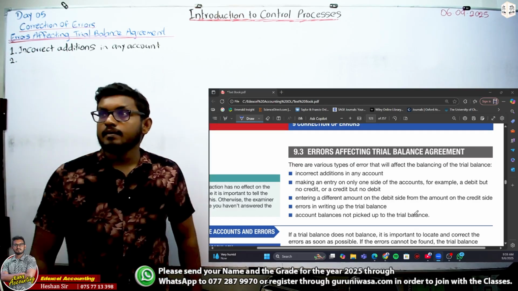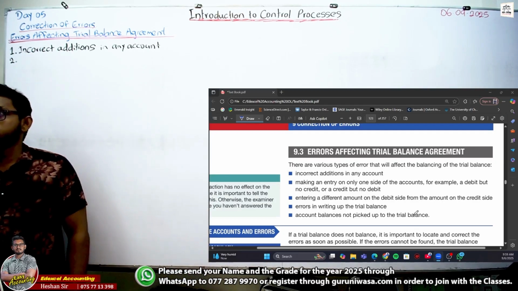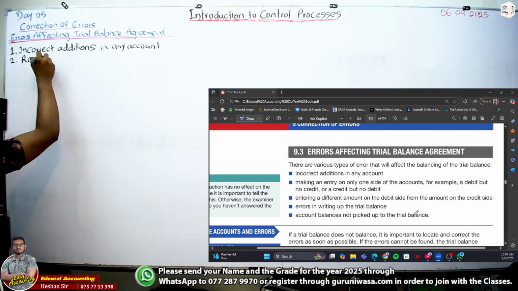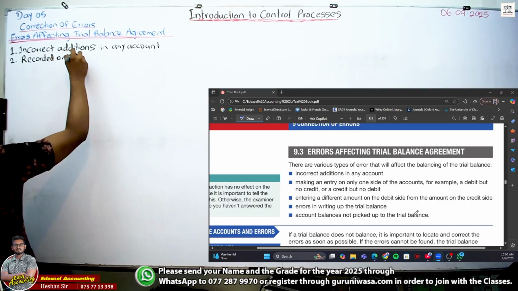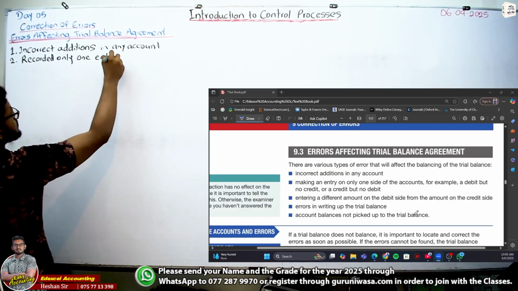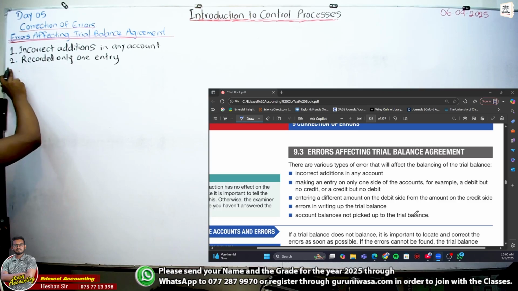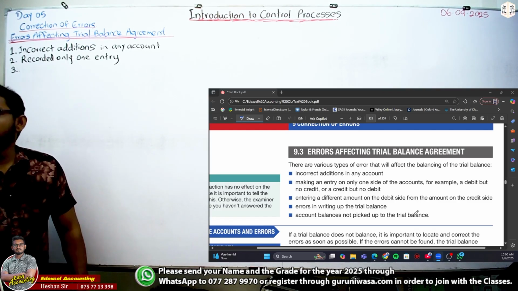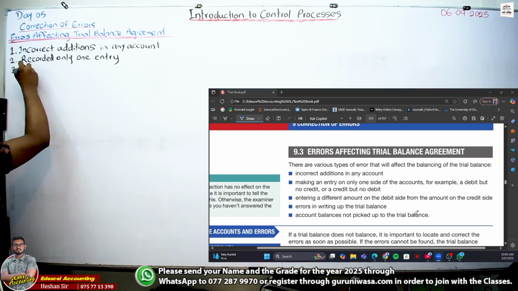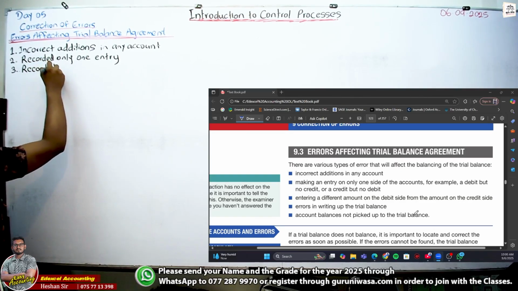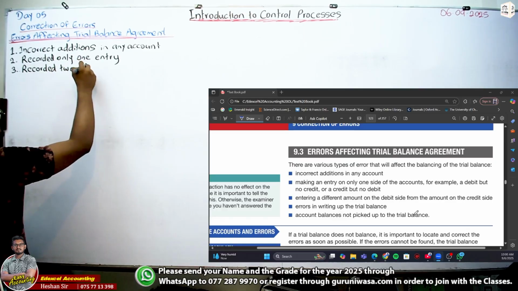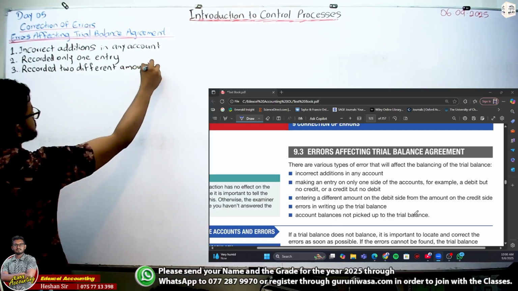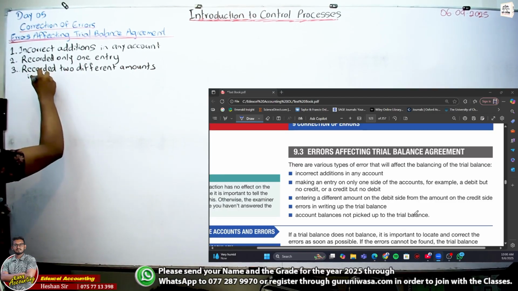Number two, making an entry on only one side of the account, right? Recorded only one entry. One entry: only debit with no credit, or only credit with no debit. Number three, entering two different amounts in both accounts.